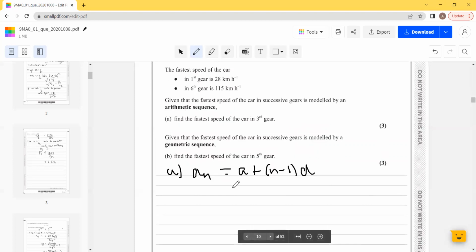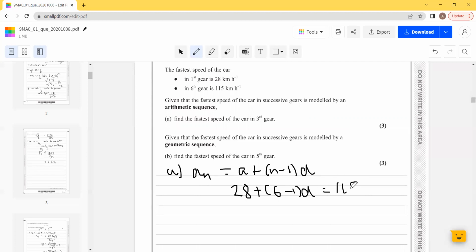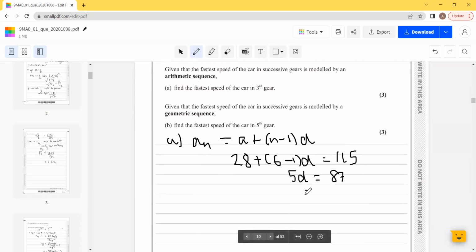So first, we know that a is 28, and we know that n minus 1 is 5, because 6 minus 1 times d is 115. So we know that 5d is 115 minus 28, which is 87. So d must be equal to 17.4.